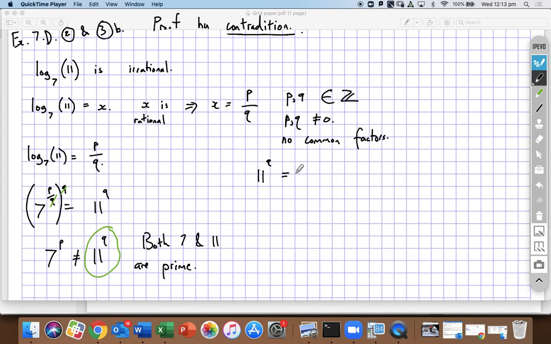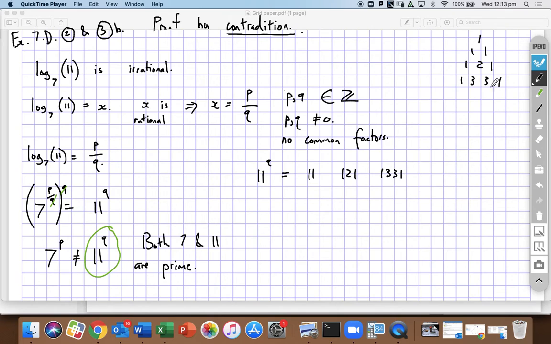First, let me just write out the powers of 11 there. 11, 121. I've got to think of Pascal's triangle here. For the next one, 1,331. That's 11 cubed.